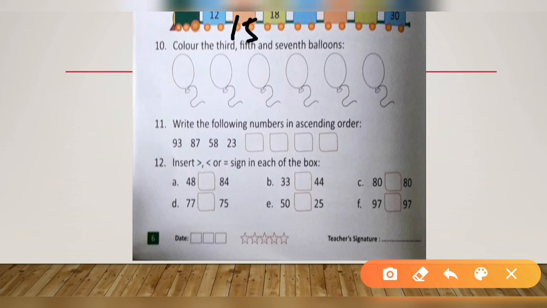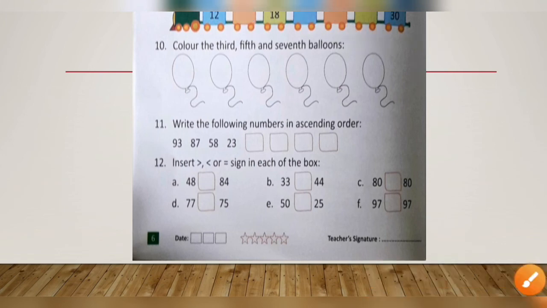Here you have to write 15. Then 18 plus 3 is 21. Then 21 plus 3, 24. Then 24 plus 3, 27. Then 27 plus 3, 30. Okay, that means it goes in the table of 3. You can learn the table of 3 and complete this.